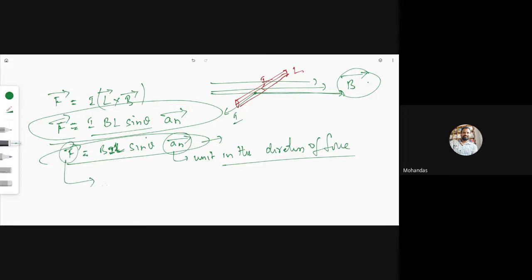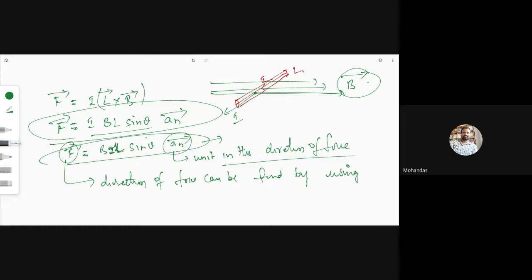Now the direction of force can be found by using which law? Which rule? You have studied motors, right? How do you find out the force?